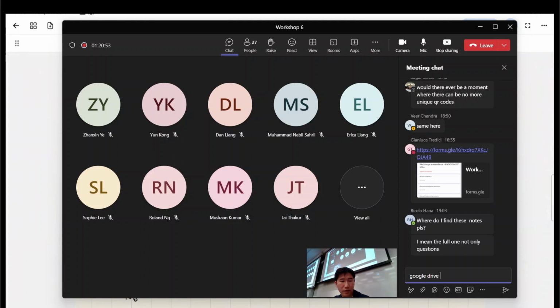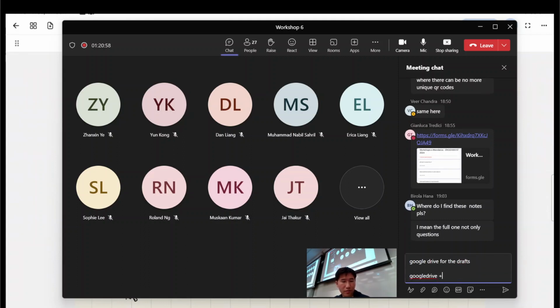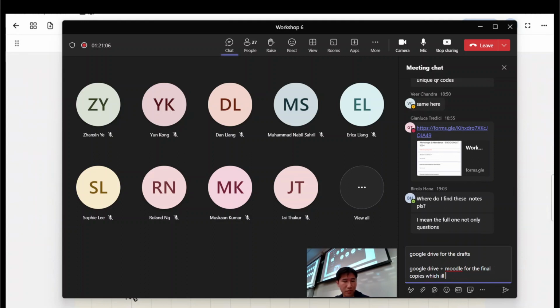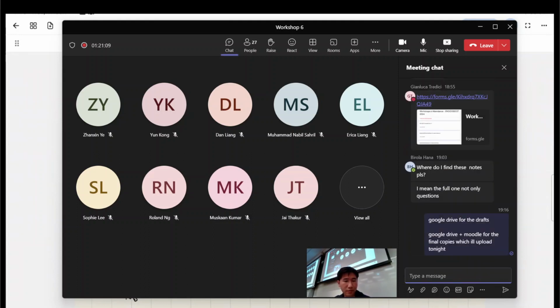Google Drive for the drafts, Google Drive plus Moodle for the final copies, which I'll upload tonight. Basically, if you don't have access to the Google Drive, if you added your email address into the attendance form, then I send it through after every lesson, so you'll have a link to the Google Drive. Otherwise, I also send it into the workshop chats after each workshop's done as well.